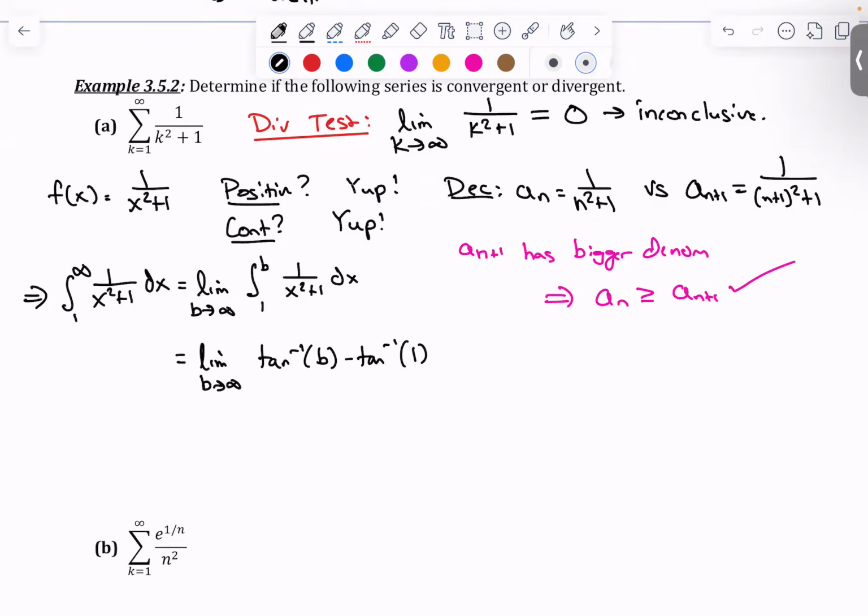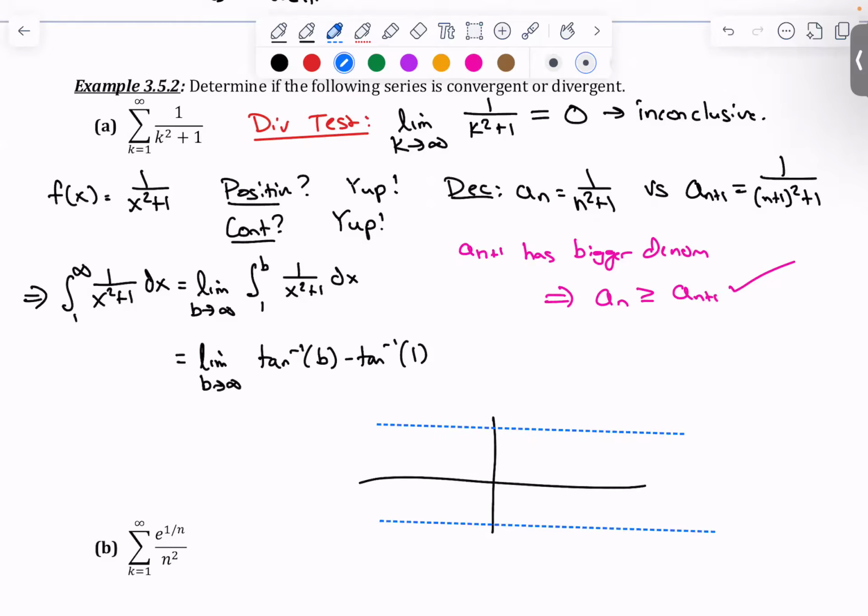Now, here's the question, though. Do you guys know what tangent inverse approaches as b goes to positive infinity? I wouldn't expect you to. What is it? That is correct. Parker is absolutely correct. It's pi over 2. Very, very good. If you look at the graph of tangent inverse, I wouldn't expect you to memorize this, but this is the way tangent inverse looks.